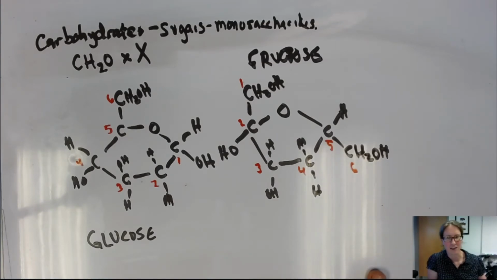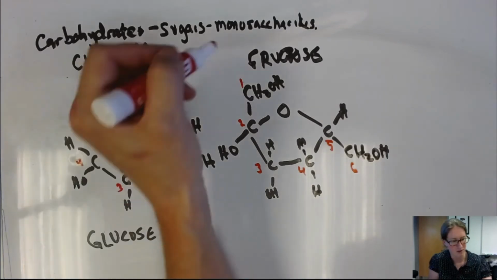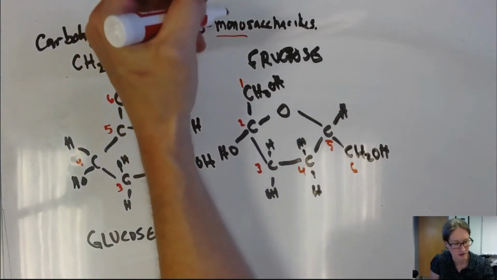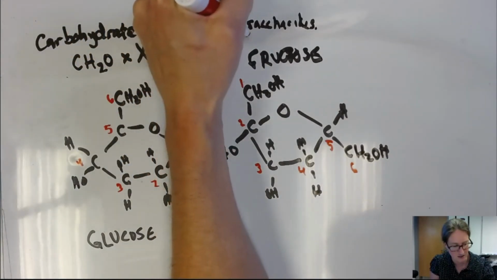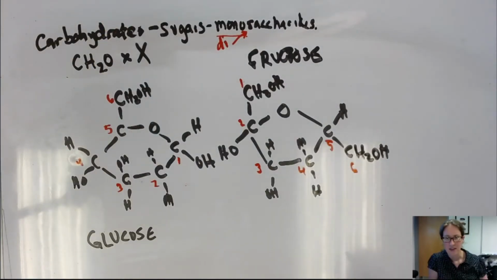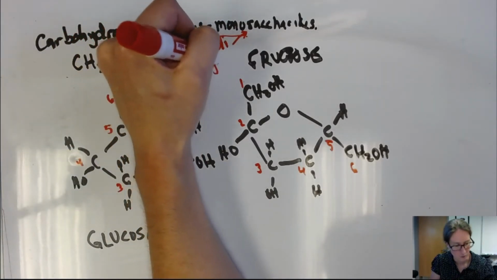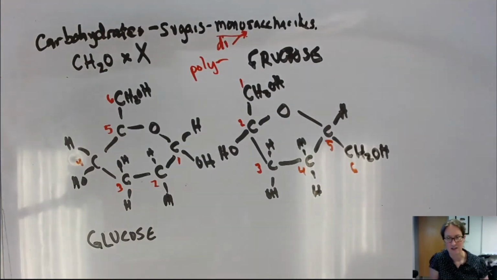So instead of just calling a sugar, you know, they're saccharides. So if it's just one sugar, then it's a monosaccharide. But if you combine 2 together, then it's going to be called a disaccharide. Okay? Thankfully, after that point, we basically just switch over to the prefix that means many. So beyond that, we'll be talking about polysaccharides.